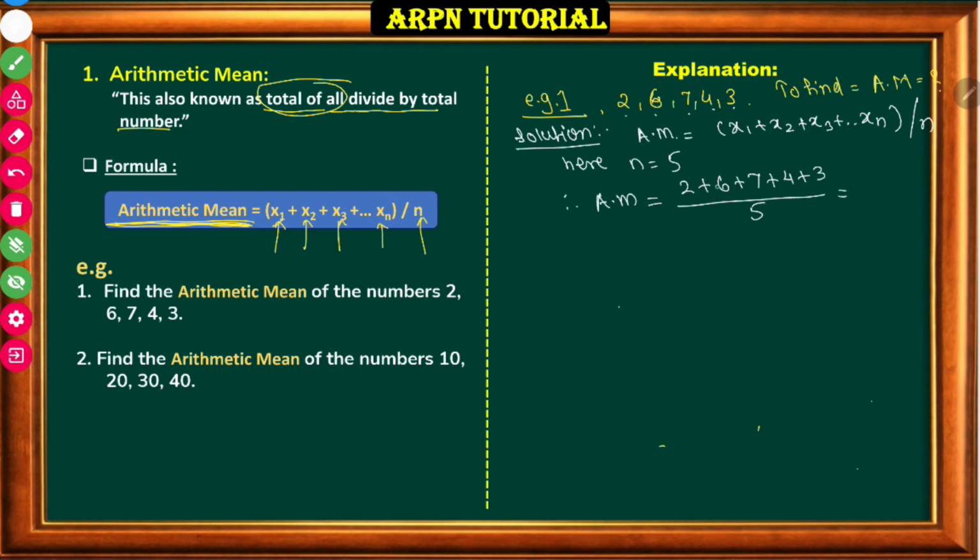If you simply add those numbers, the sum is 22, divided by 5. So the actual value is 4.4. So my arithmetic mean is 4.4.